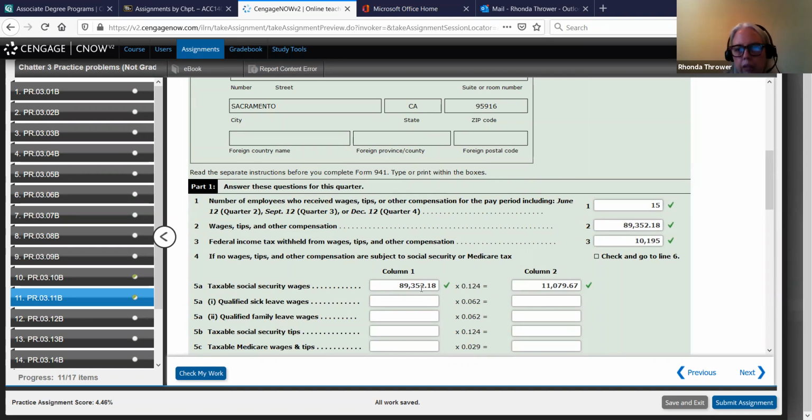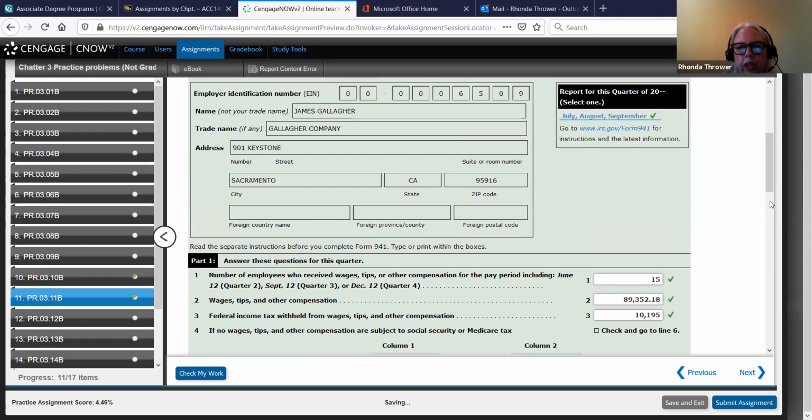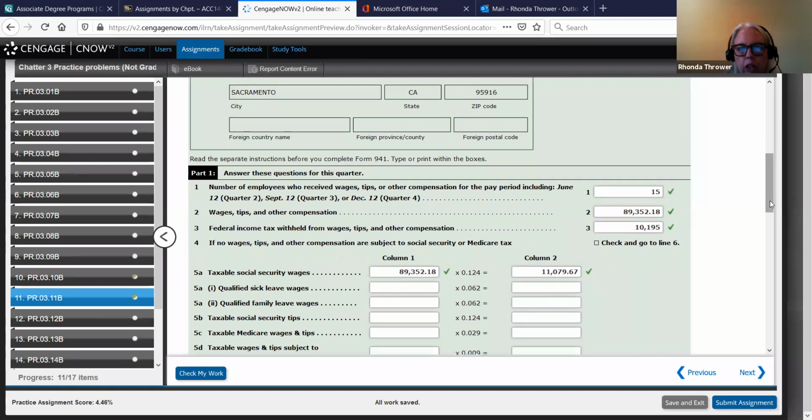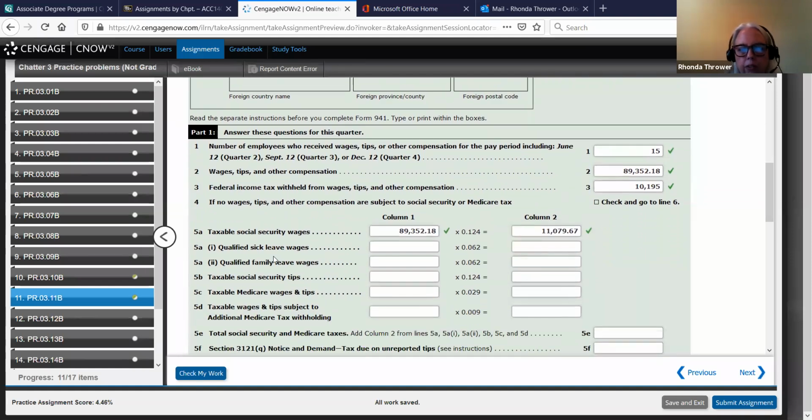So this was given times this is how you get column 2. In this problem, there was nothing in the additional information that mentioned anything about sick leave wages or family leave wages. So we're going to move to 5B.